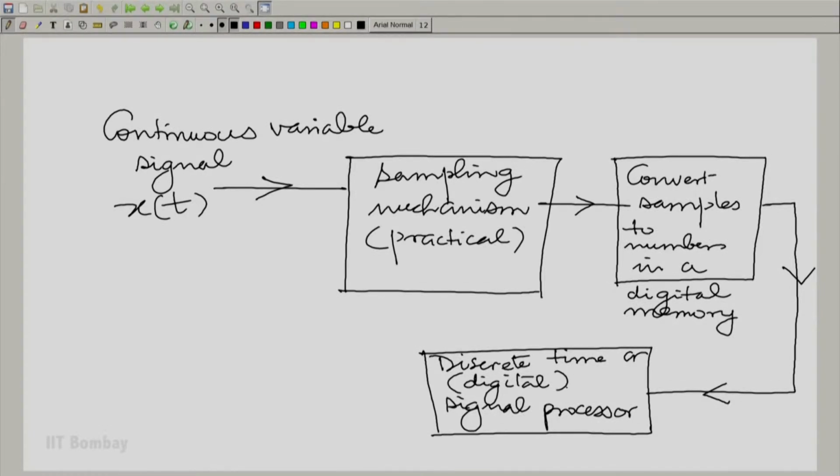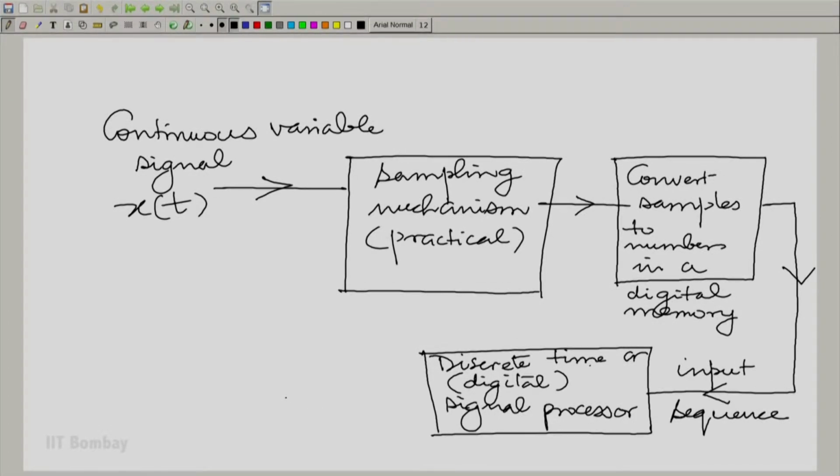Of course, there is a little difference, by the way, between discrete time and digital. Discrete time really means, as the name suggests, that you have discretized or you have made the independent variable discrete. Digital means you have also made the dependent variable discrete. We will come to that distinction shortly, we will note it down. But assuming that you have a sequence here now, you can think of this as a sequence. In fact, you can call this an input sequence.